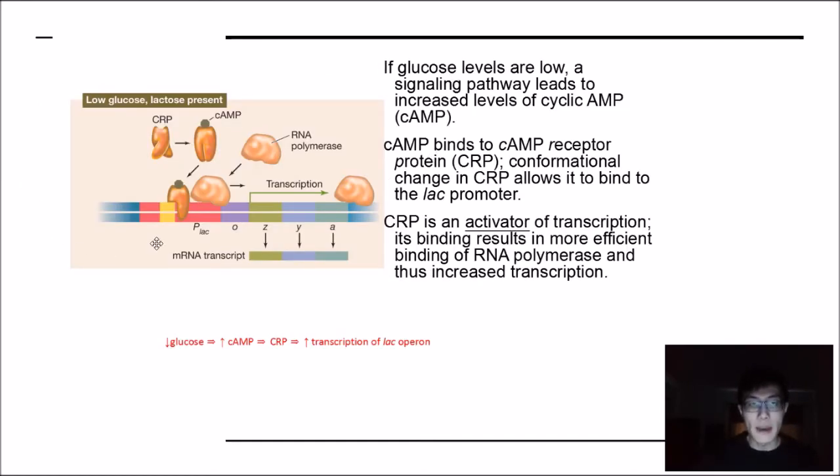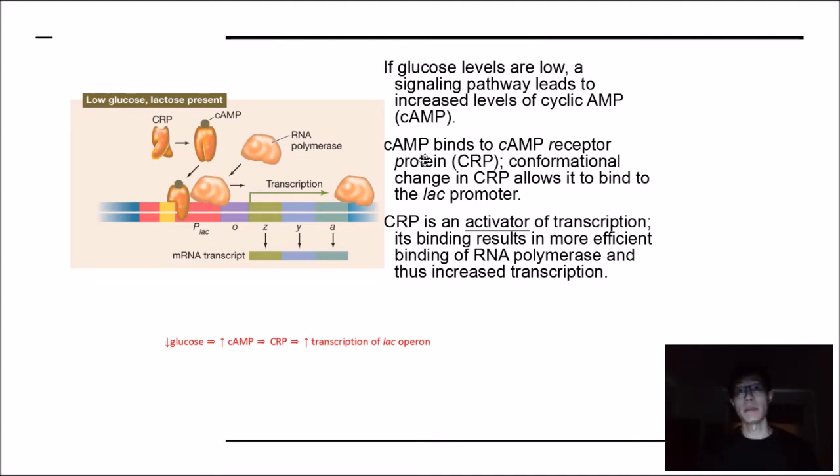So if you have, for instance, a low glucose level, this is one of those rare cases where you have low glucose present in the surroundings but high lactose presence. If glucose levels are low, there's going to be a signaling pathway that leads to an increase in levels of cAMP, or cyclic AMP.